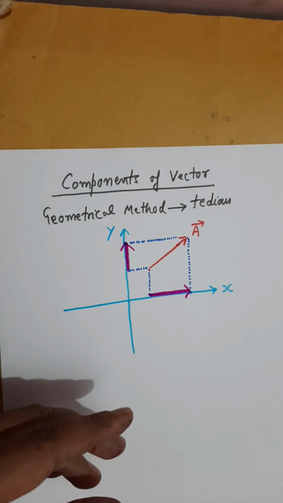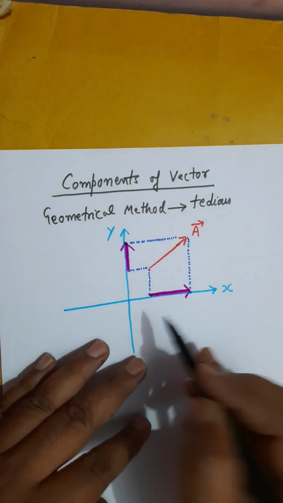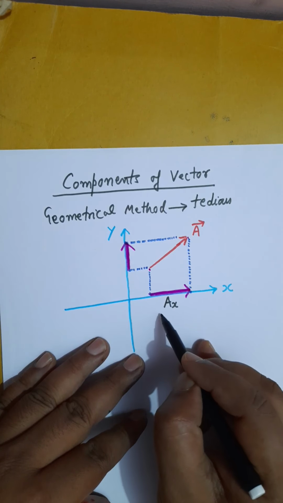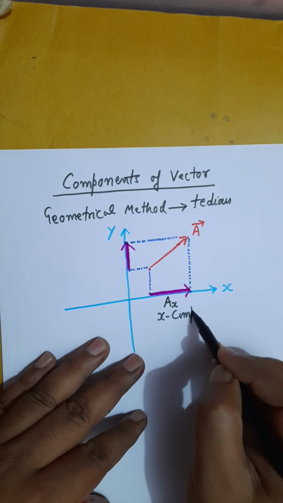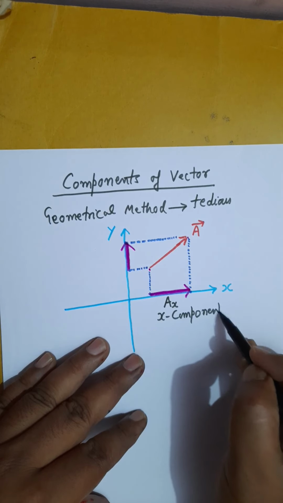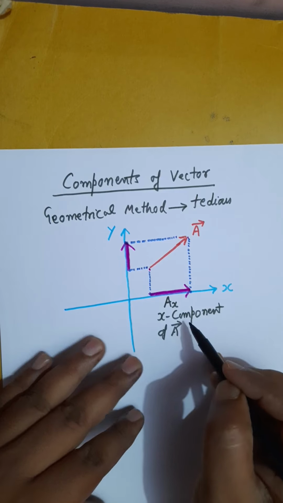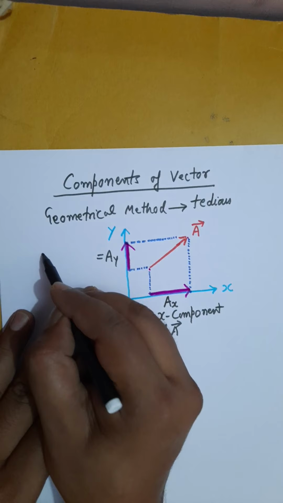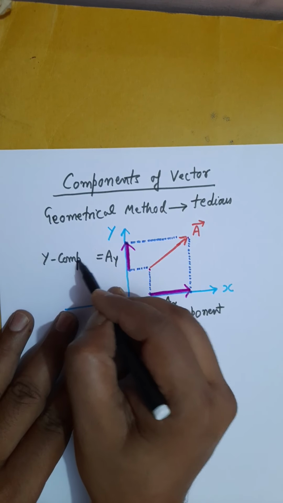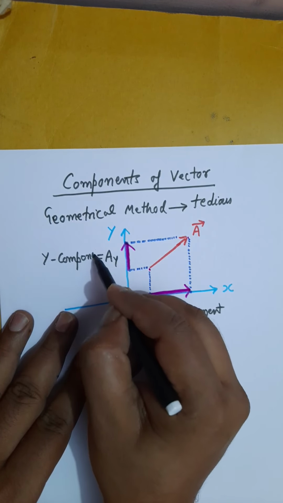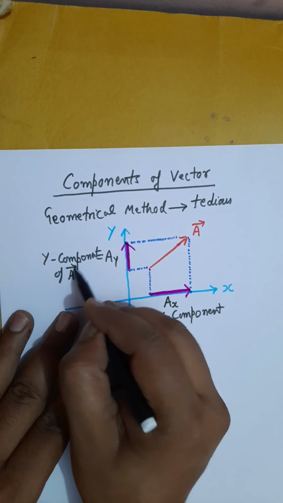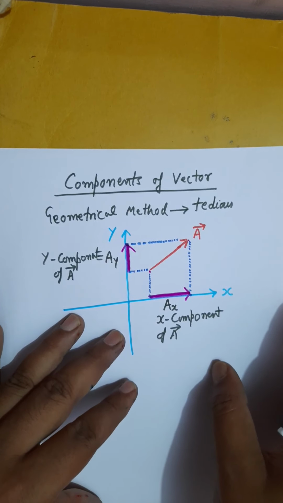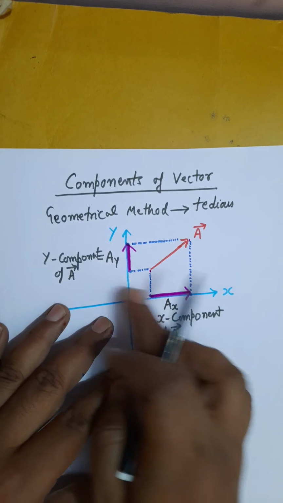Now these two arrows, by drawing perpendiculars, this arrow we denote as Ax and we call it the x component of our vector A. And this arrow we denote as Ay and we call it the y component of our vector A. Right, so these are the two components, x component and y component.